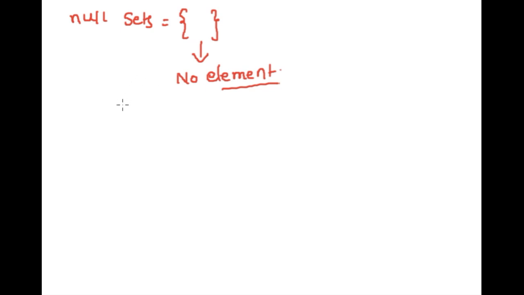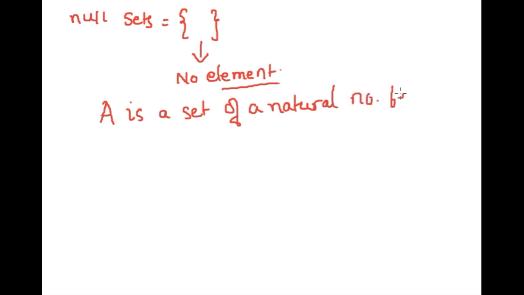For example, let's suppose A is a set of natural numbers between 12 and 13. Is it possible there is any natural number between 12 and 13?